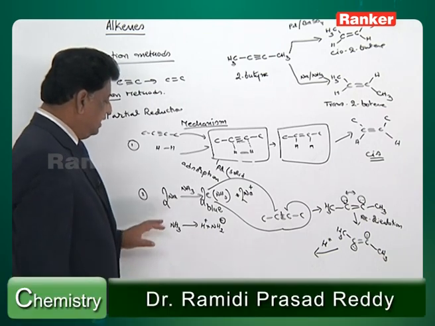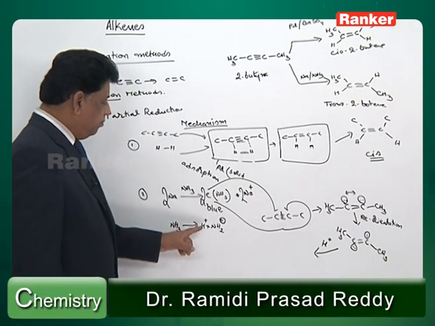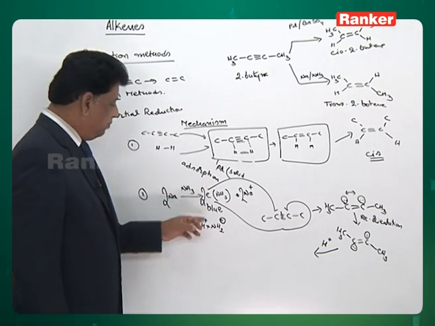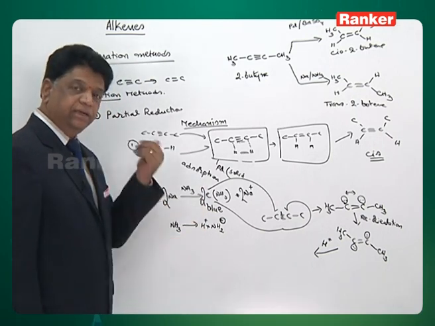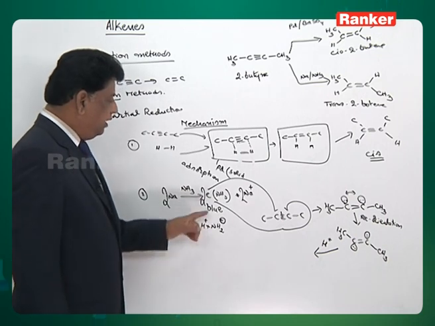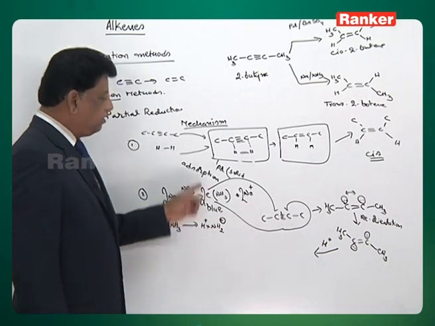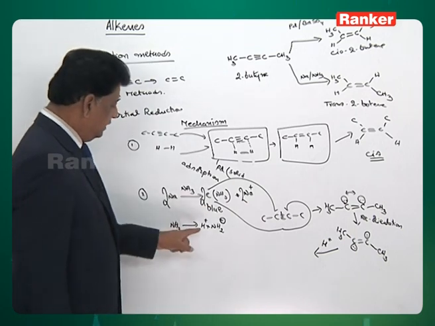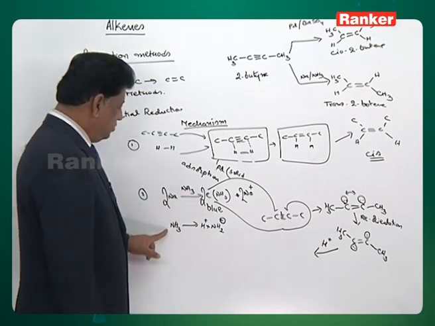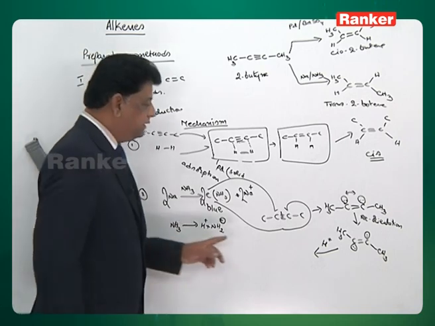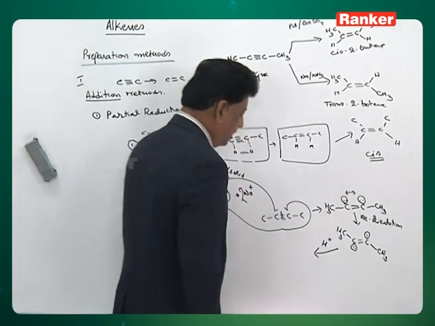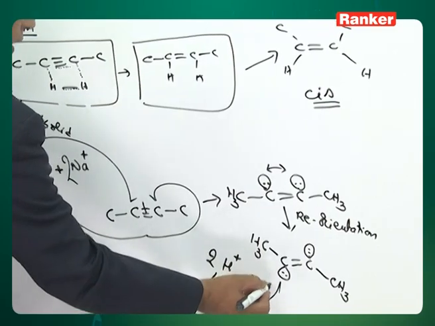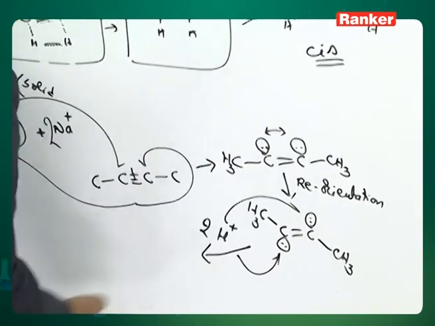If nothing is available in this medium, a proton and an electron will join, a hydrogen atom is formed, and they join to form hydrogen gas and come out. But since we have already passed the alkyne, the electrons will add first. Then afterwards, the protons are added. Taking 2 ammonia, you will get 2 protons. Each side, you add 1 proton: one added on this cloud and another added on the other side's cloud.